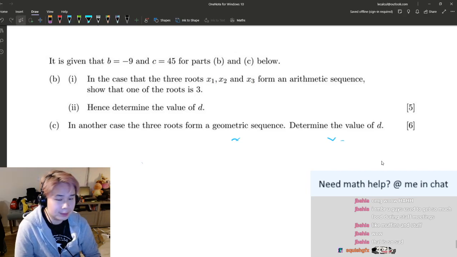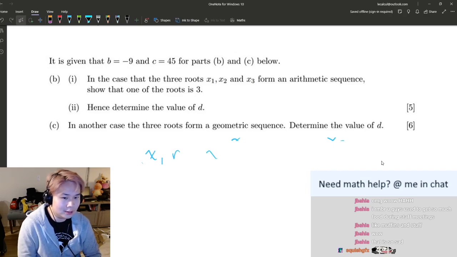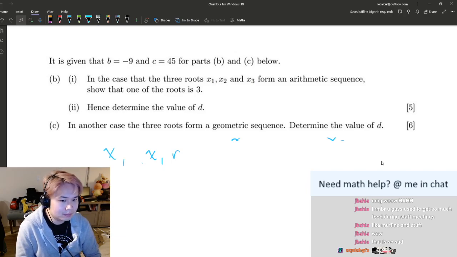If your roots form a geometric sequence, then you have x1, x1 times r, that's x2, and x1 times r squared.